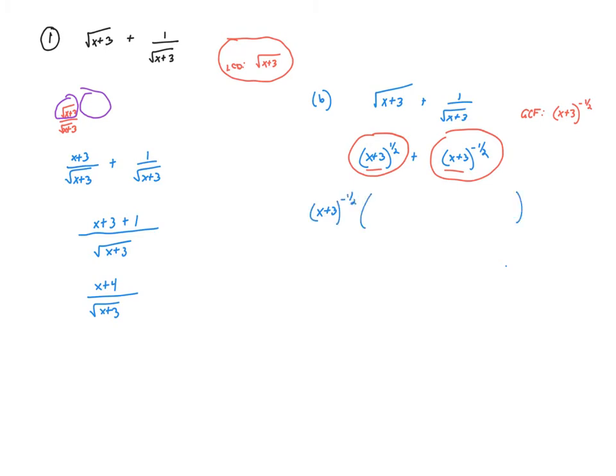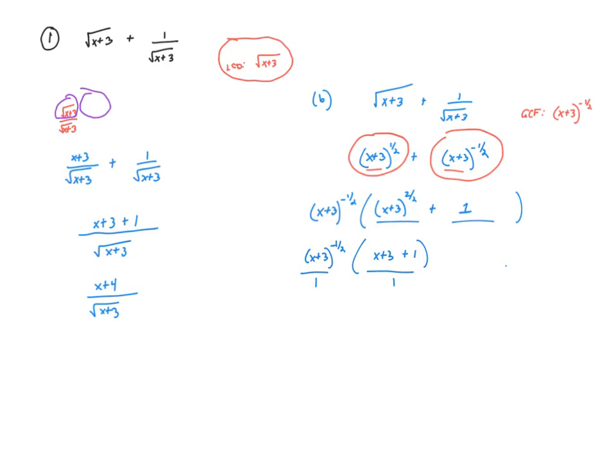If we do that, we'll be left with two things. We'll be left with x plus 3 to the 2/2 plus 1. And now we can simplify what's left over. We have x plus 3 to the negative 1/2 times x plus 3 to the first plus 1. It might help to put denominators.